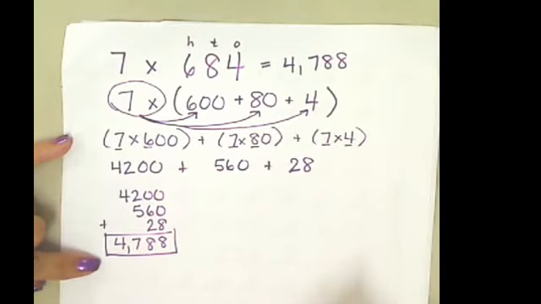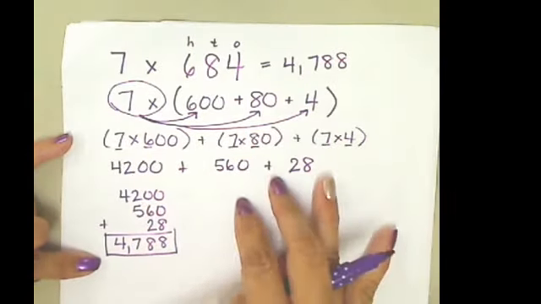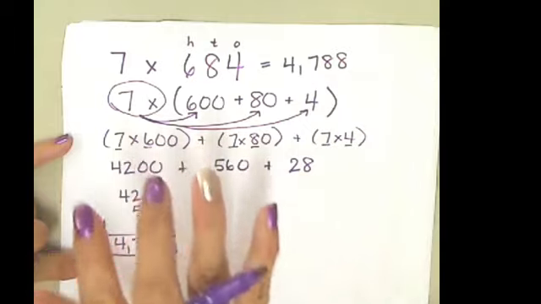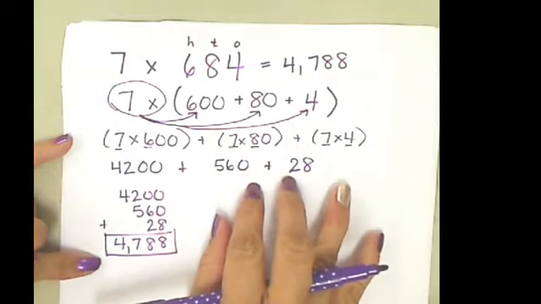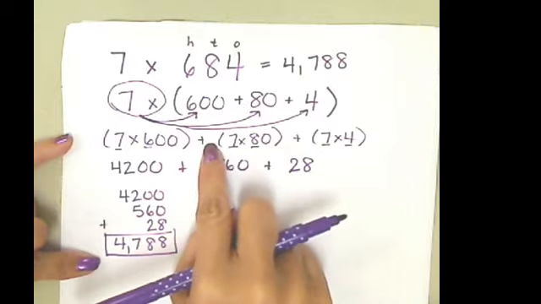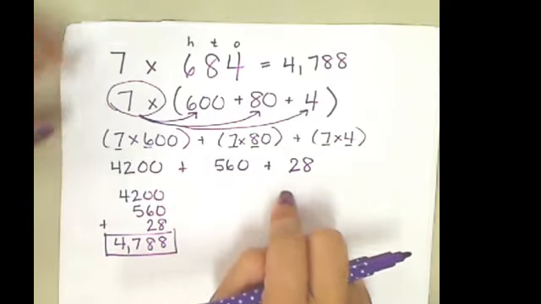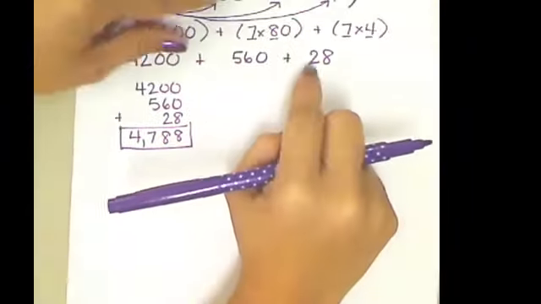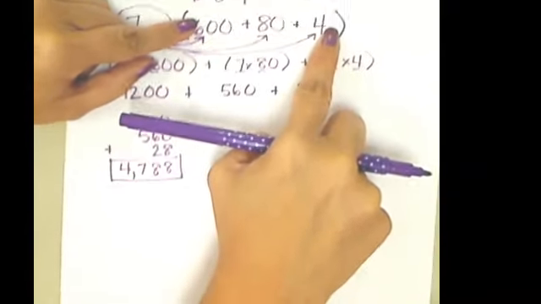Now, what if you wanted to work it out the other way? There's too many numbers here. All the arrows are confusing. Maybe this is not the best strategy for you if you're making a lot of mistakes with the plus signs and the parentheses. So you still need to expand that number. So we're going to keep this.